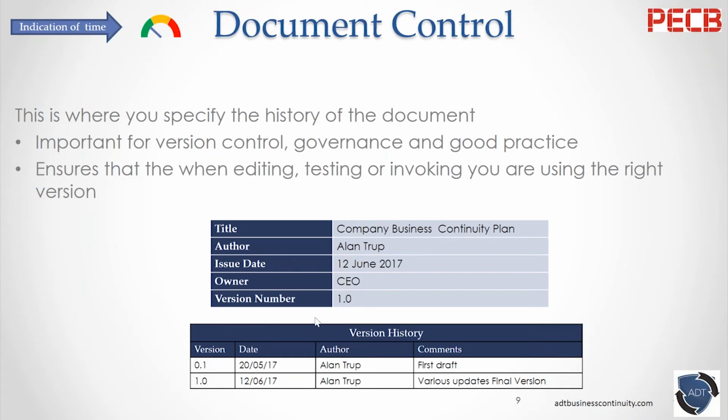This could be quite long, but it's very important to document it to make sure it's covered. If you just see a business continuity plan without document control, it would fail me auditing, and most people auditing as well, because you don't know what age it is and who approved it, etc. So that's document control. Next, scope.